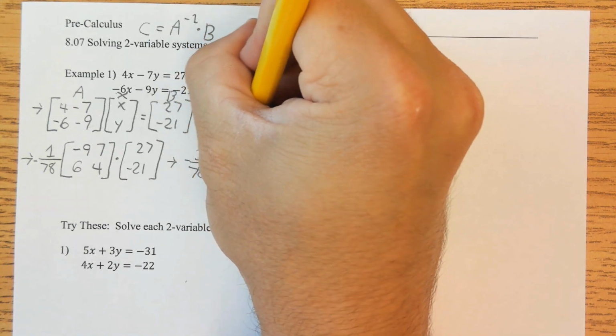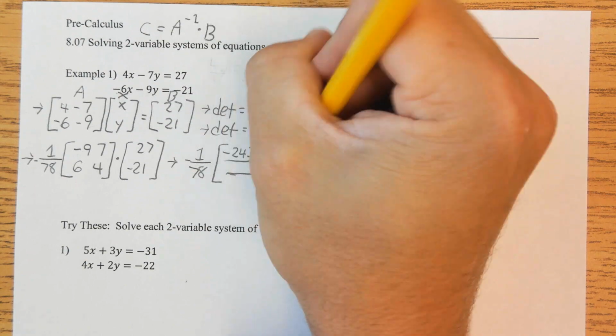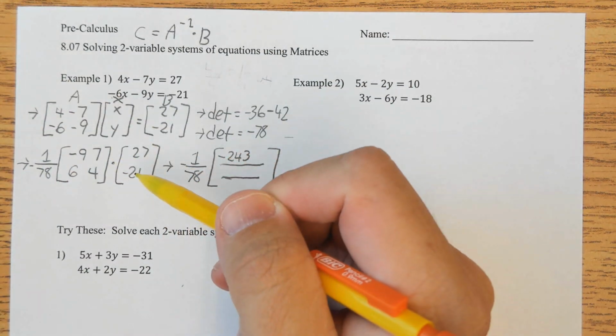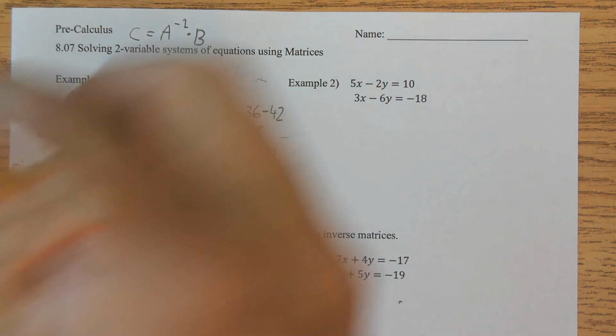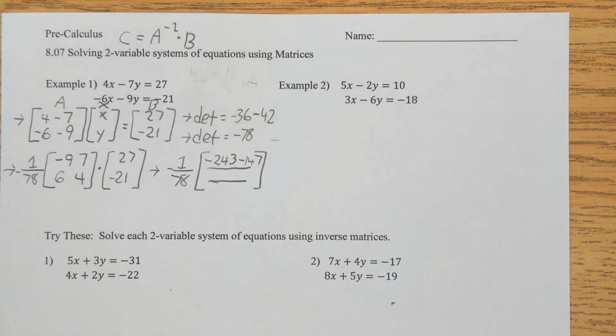Remember, we have a 2 by 1 here, right? So 2 rows, 1 column. So negative 243, and then we have to do 7 times the negative 21, minus 147. And then we'll come back and simplify that in a second.